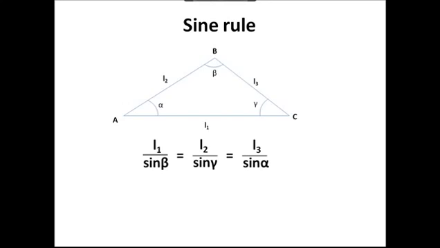This is going to be handy for solving equations, and our governing equation is V equals R omega, because we are going to look at the instantaneous center and find velocity using the formula R omega.